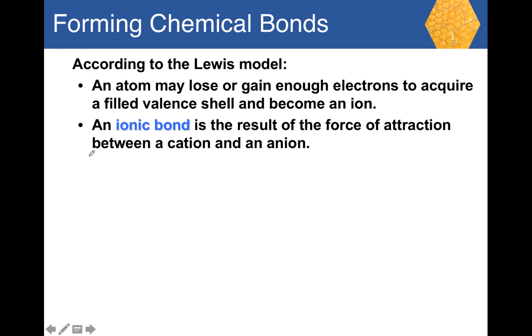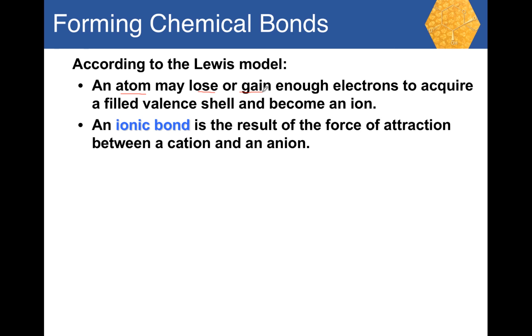Okay, let's look at the Lewis model here in terms of making ionic bonds. So let's just go over this again. An atom may lose or gain enough electrons so that the outer shell is full. Another way of putting this, atoms will lose or gain electrons to achieve an octet of electrons.